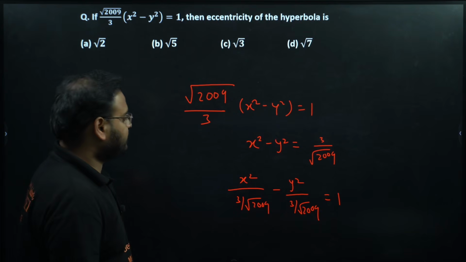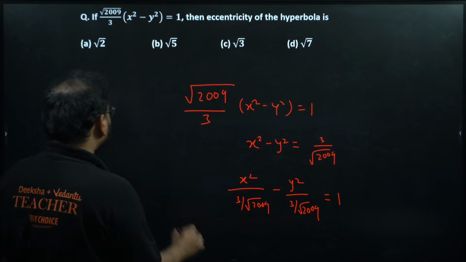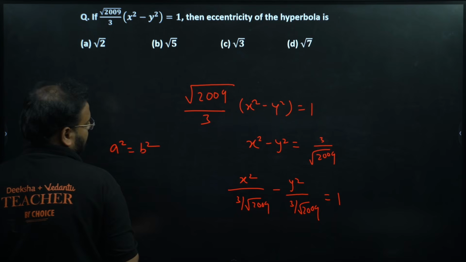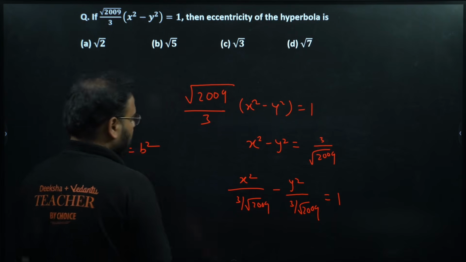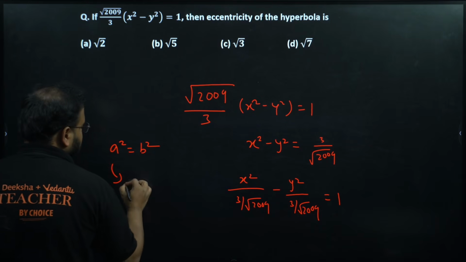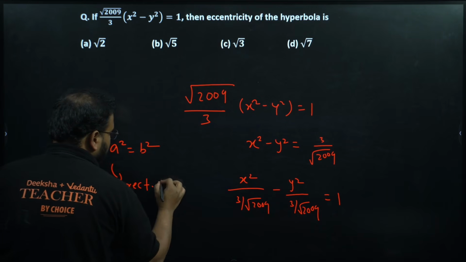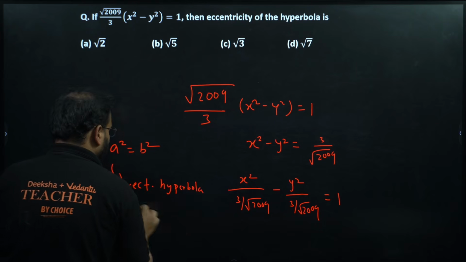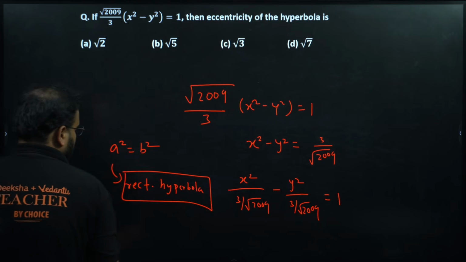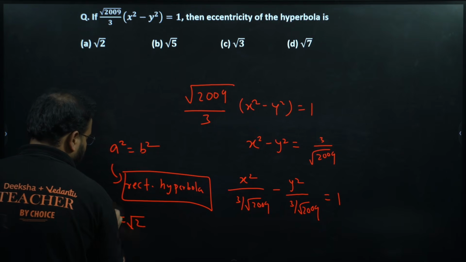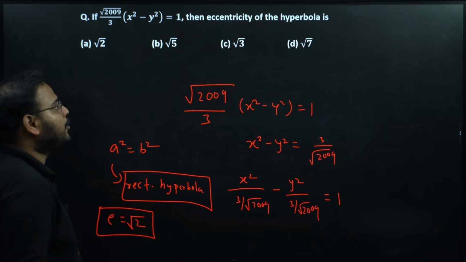And what is this? This is a case where a square is equal to b square. This is a square and this is the same thing as b square. These cases are called rectangular hyperbola. Whenever you have a rectangular hyperbola, the eccentricity is always root 2.